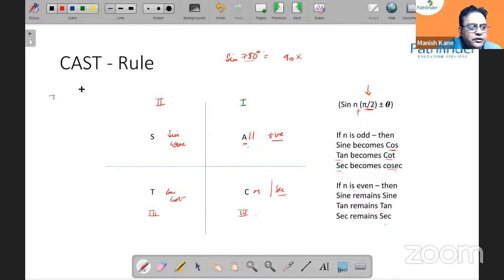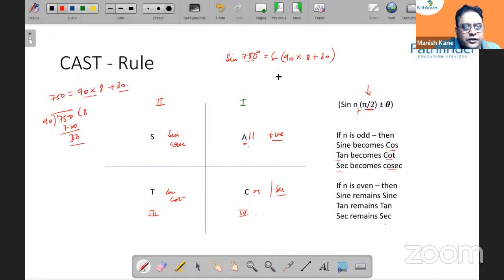My first step is to change this into 90 into 8 plus 30. Just divide 750 by 90. What is the quotient? 8. What is the remainder? 30. So 90 into 8 plus 30, which is nothing but sine of 8 pi by 2 plus 30.